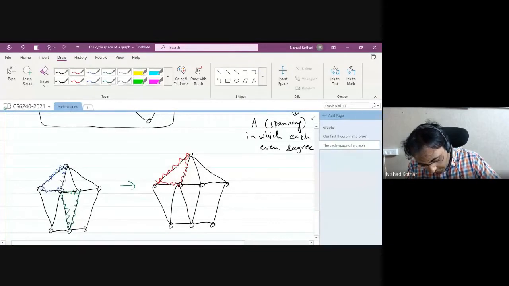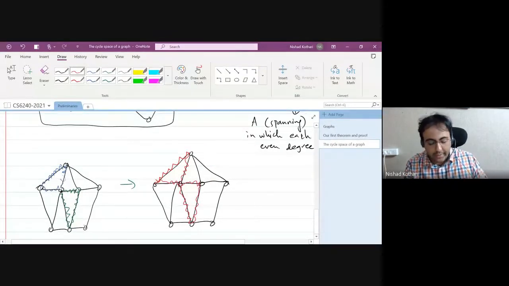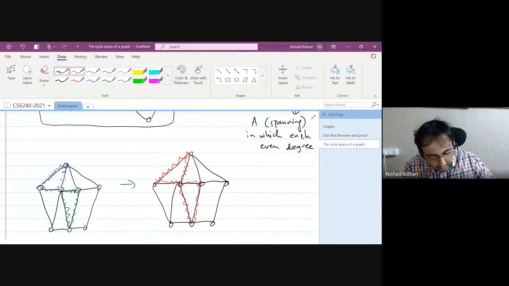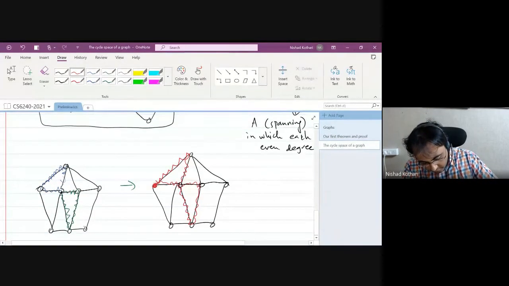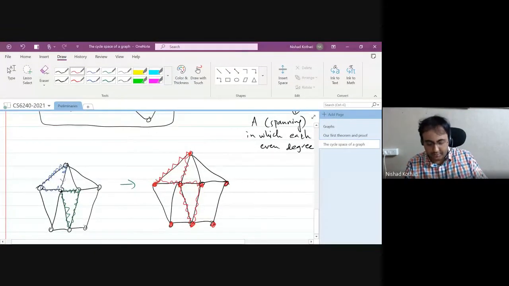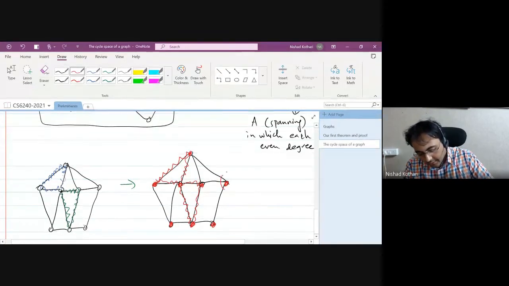So this is an even subgraph, but I don't want to deal with the vertices that are not covered. So I will think of my subgraph as being all the vertices along with these 6 edges. So my subgraph is going to be all the vertices of the graph, but the only edges are the red colored edges. And this is fine because the vertices that do not have any edges incident have degree 0 in the red colored subgraph.